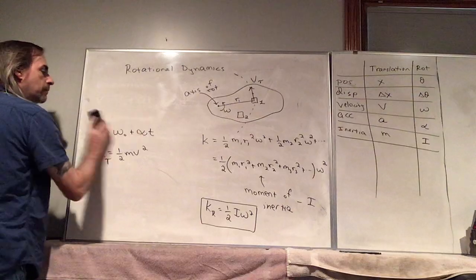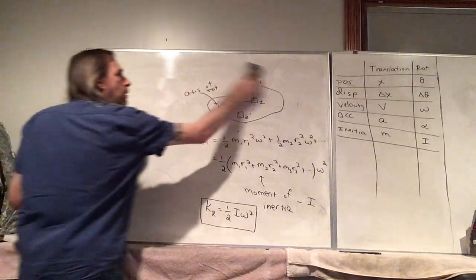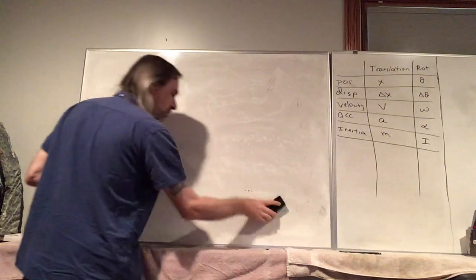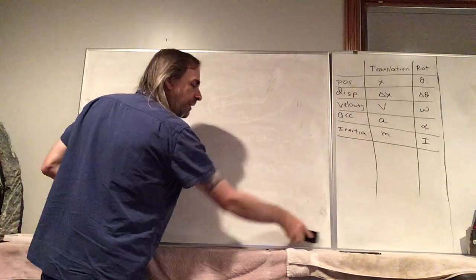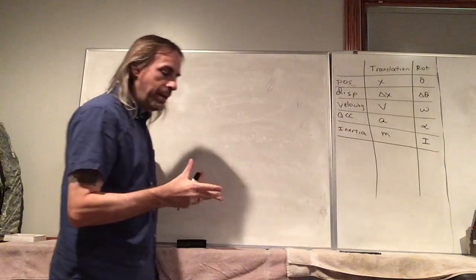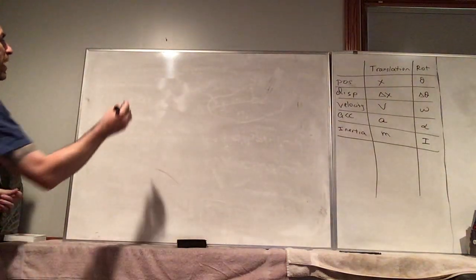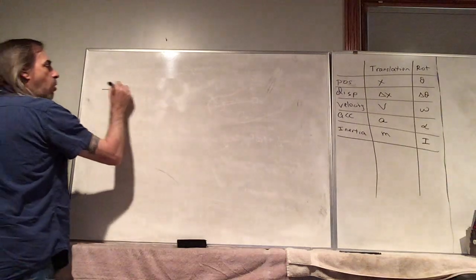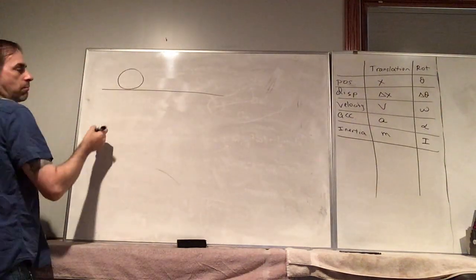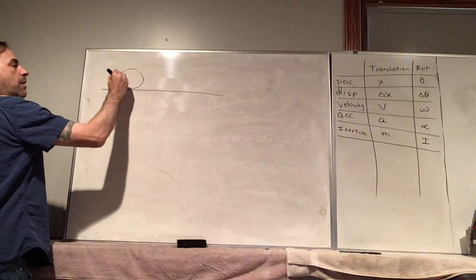But let's look at an example. I have one in the notes, a rolling wheel, but I'll actually pick a different one. Let's say we have a rolling ball. It looks like a wheel, but let's give it an equator.